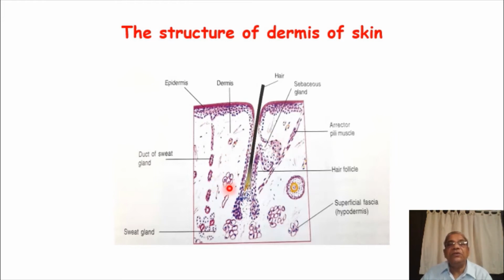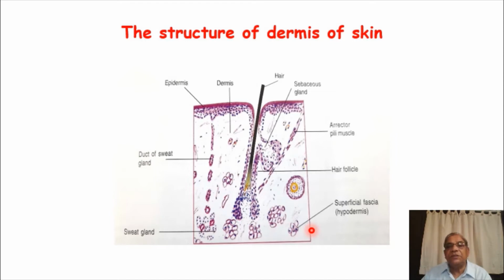Now in this dermis you can see the presence of a hair follicle, attached to which is the sebaceous gland. This is the sweat gland duct, and this is the sweat gland, and beneath this dermis is the hypodermis or the superficial fascia.